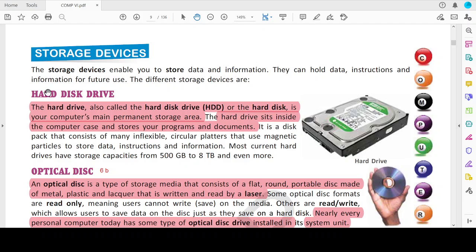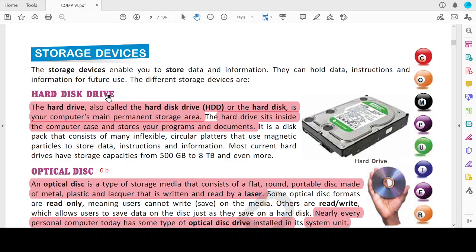Optical disks, hard disks, and flash drives are secondary storage devices. In the next chapter, when we read about memory hierarchies, we will learn about the primary memory as well. So let's skip that, and we will read it in the next chapter.